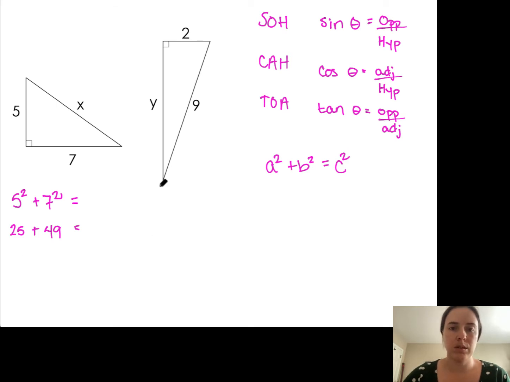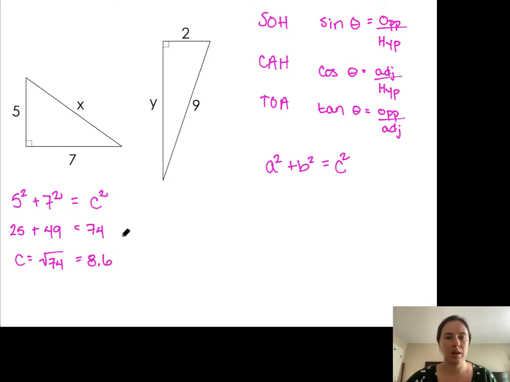And the square root of 74 is 8.6. All right, so we know that our hypotenuse is about 8.6 long.